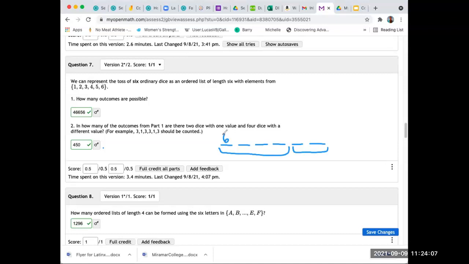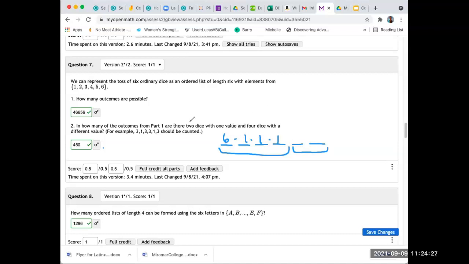So we have like 6 choices, but then here you're gonna have 1 choice, because once a value was chosen for one of the 4, then you don't really have a choice of another value. It has to stick with the choice that was made. All right.